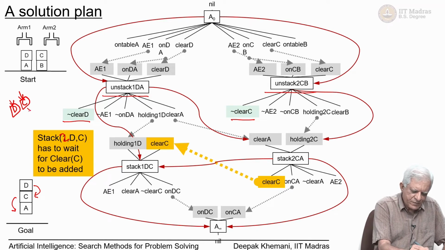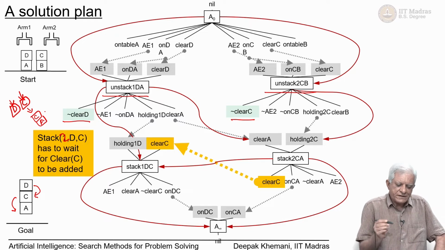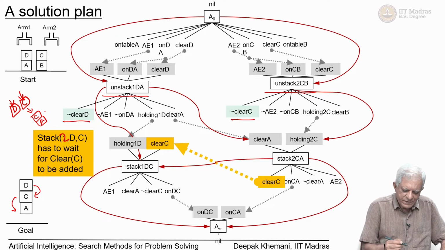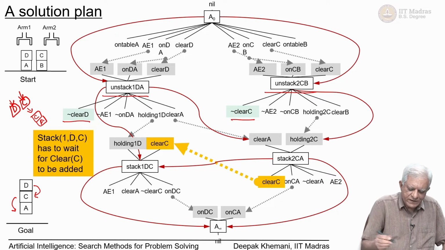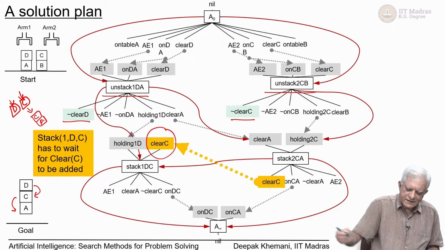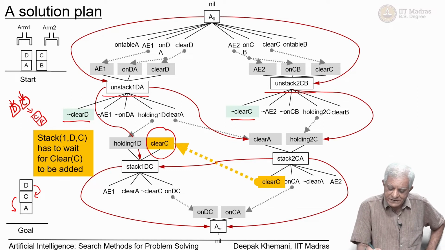You can put this onto A. So, this will go into C A, but stacking D onto C. Yeah, so this was correct. Arm 1 is going to stack D onto C. Stacking D onto C has to wait till C becomes clear, because it is a precondition for this action, and this precondition is only achieved by doing this stack action.